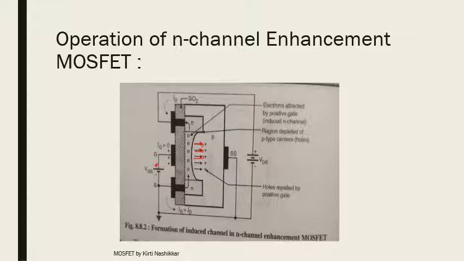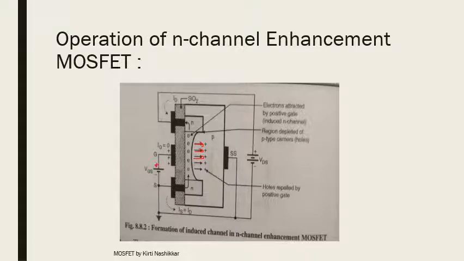Now because of this, it results in the creation of a depletion region near the SiO2 insulating layer, but the minority carriers, that is the electrons in the p-type substrate, will be attracted towards the gate terminal and gather near the surface of SiO2, which are shown. So the minority carriers in the substrate are attracted towards the positive gate, and the majority carriers are repelling from the gate, which is shown here.